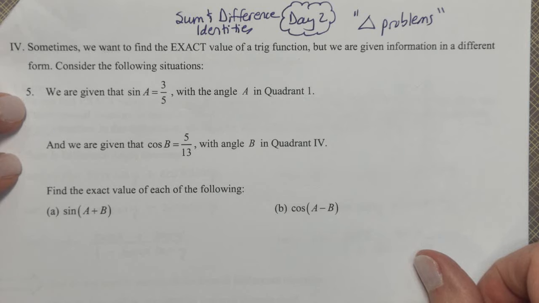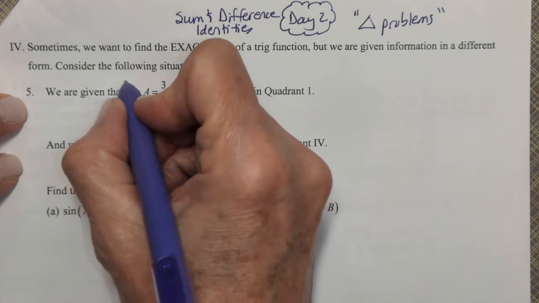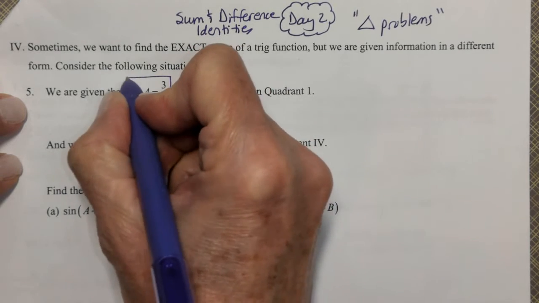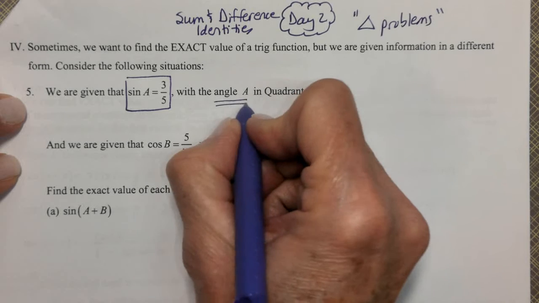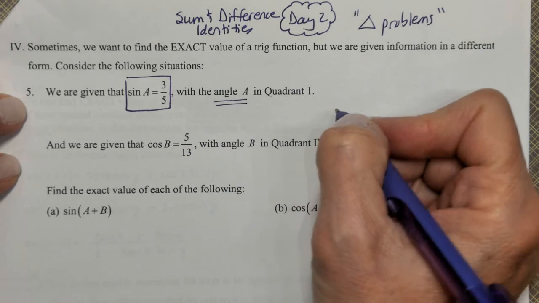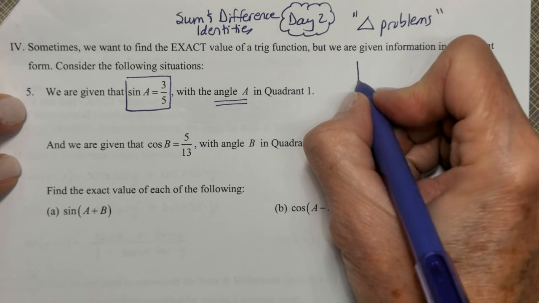In yesterday's lesson we went through examples 1 through 4, so this is example 5. We are given that sine of some angle A is 3/5, and that angle A is in quadrant 1. So let's draw that situation.